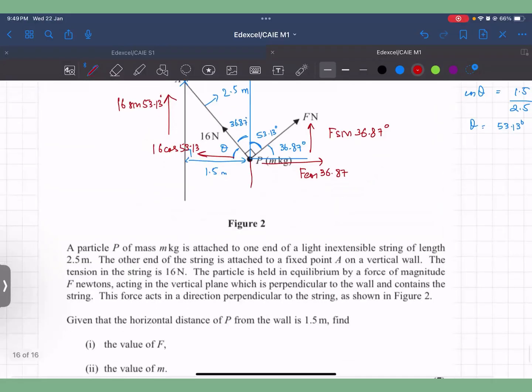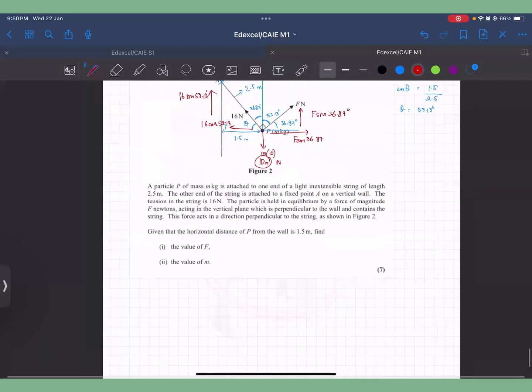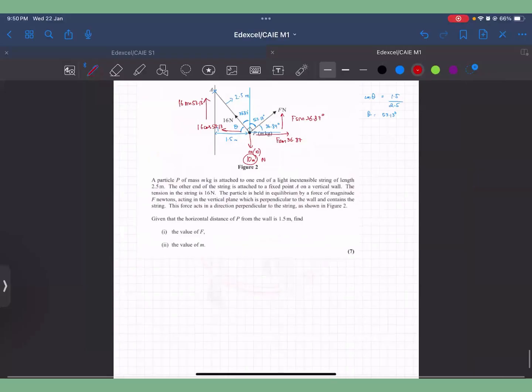And they're asking you to find the value of m. The weight would be mg, so m times 10, 10m Newton. Now you form the equations. Horizontally you have only F cos 36.87 is equal to 16 cos 53.13.